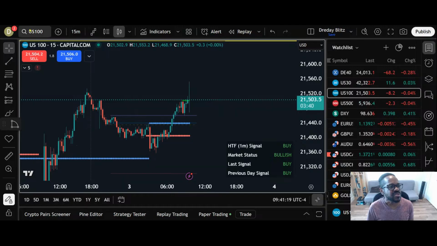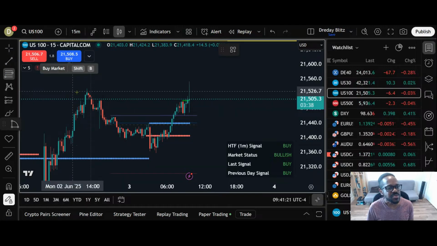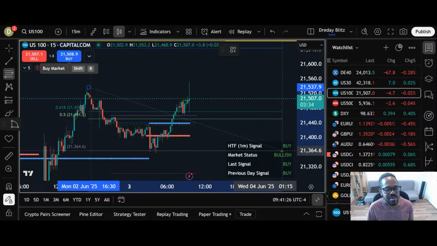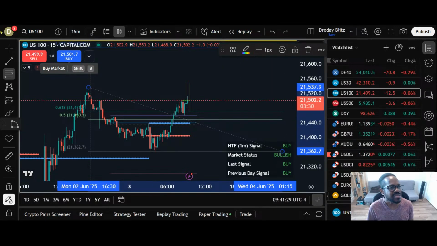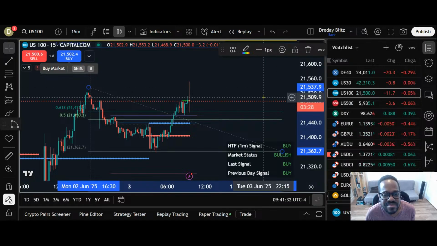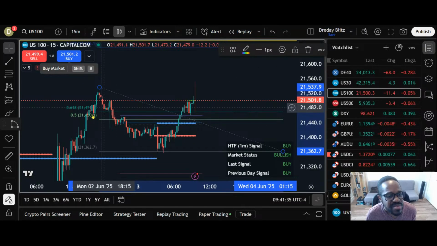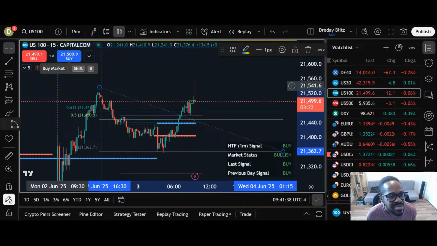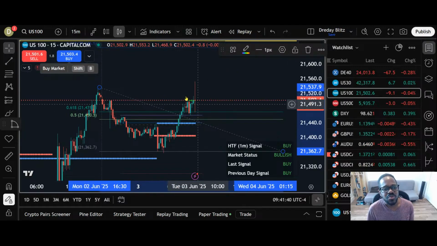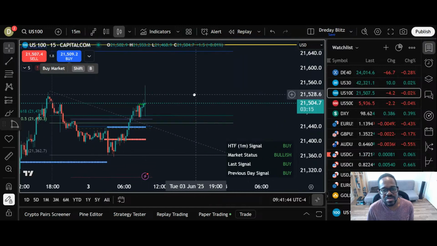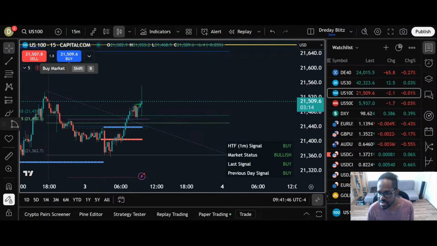But if we go back and put our fib the way that we had it before, so 61.8 is here. It went over the 61.8, but now it's going back to it. So still bearish here overall.